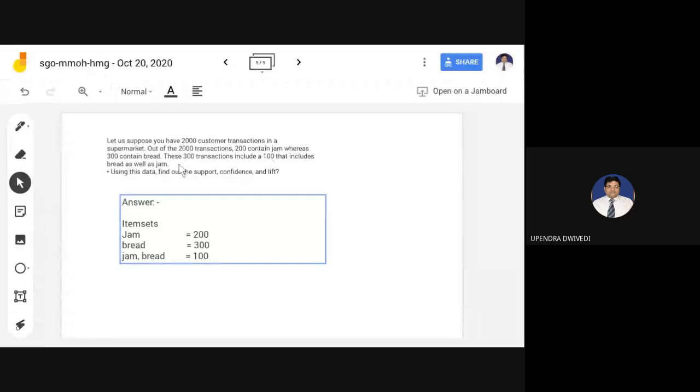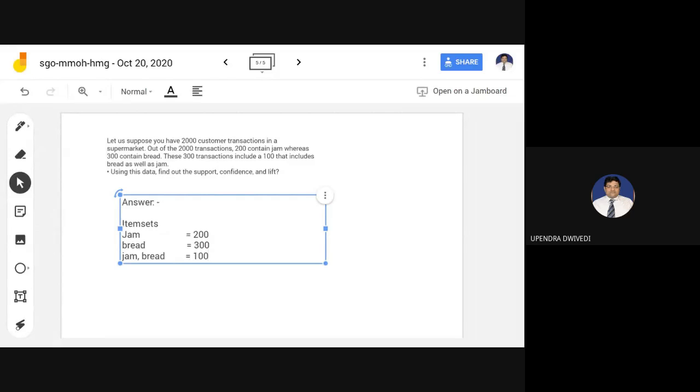So if I take this 300, again 100 transactions include the jam and bread. So bread is counting both ways. So bread will be counted 300 times only.